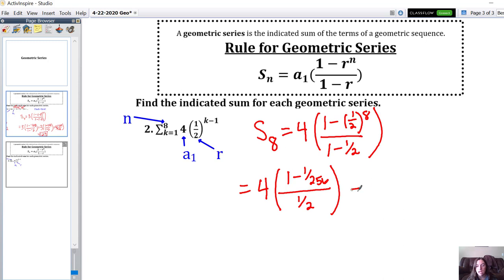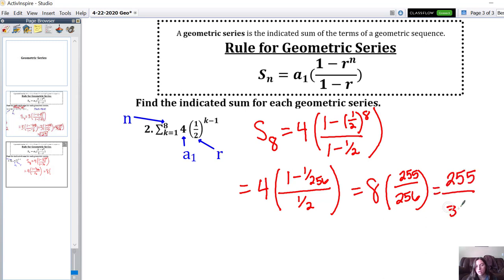And 2 times 4 is 8, so now we have 8 on the outside. And then 1 minus 1 over 256 is 255 over 256. And let's see if this simplifies. So once we have that in your calculator, we end up with 255 over 32.